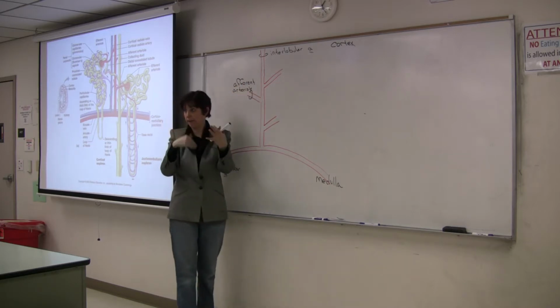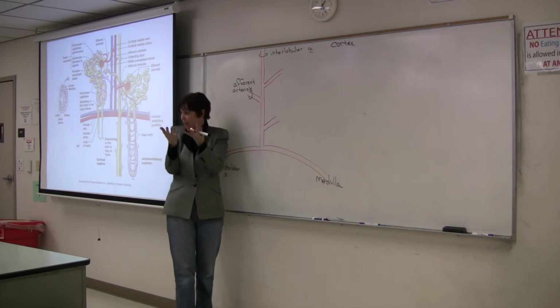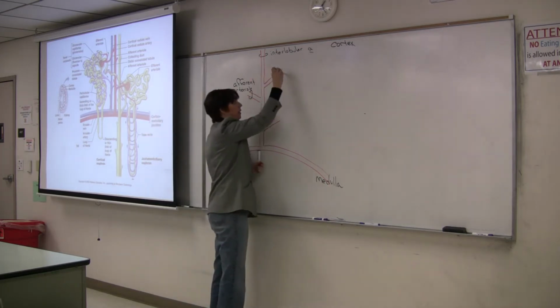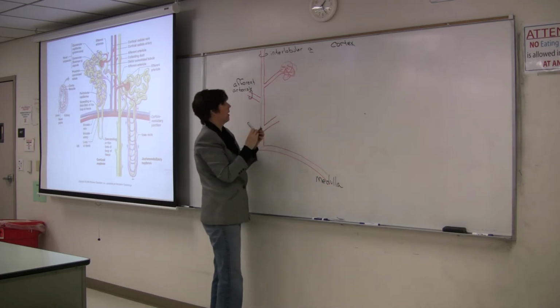Then the afferent arteriole loses its smooth muscle layer, and we have the glomerulus.